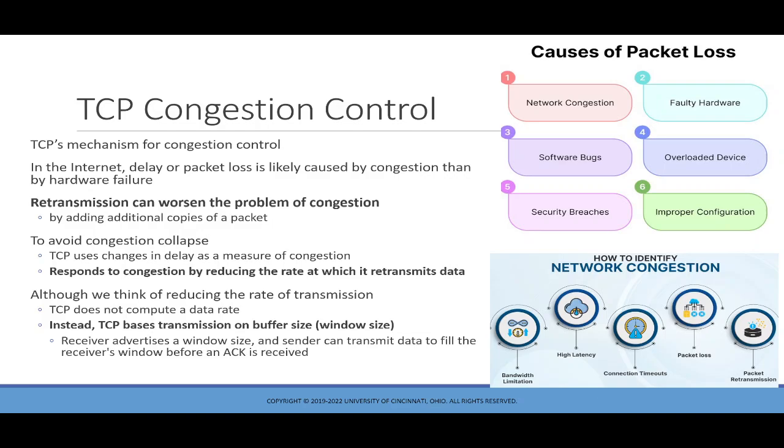And if it sends it again, that adds to the congestion. So packet loss can be caused by network congestion, which we've talked about, overloading devices, which we've talked about, faulty hardware, which is rare but can happen, right?